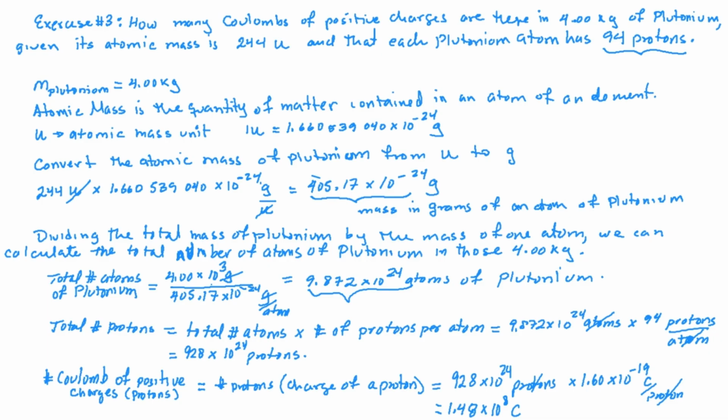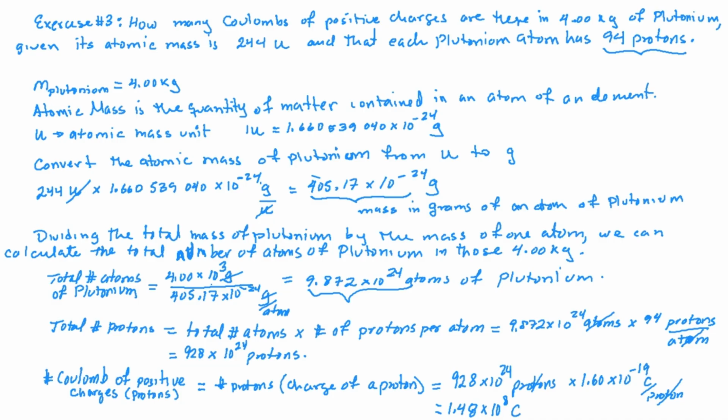The issue is that they give me the mass of the atom in atomic mass units, and I cannot divide 4 kilograms by a magnitude in atomic mass units because they are not coherent or similar units.